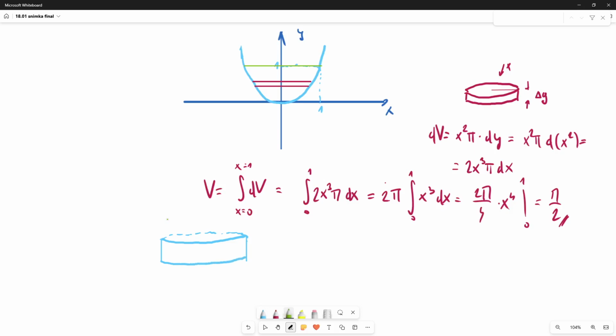And we have another cylinder within, a smaller one.